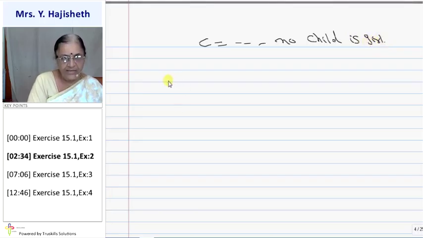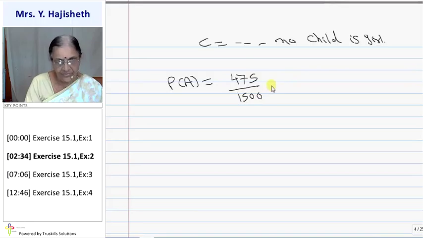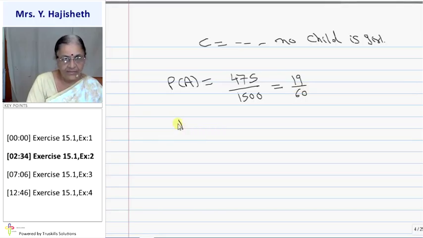So P(A) is how many times the event occurs in how many trials? 475. And total number of trials are 1500. So P(A) is 475 by 1500. So it is 19 by 60. P(B) is in how many trials event B occurs? 814.